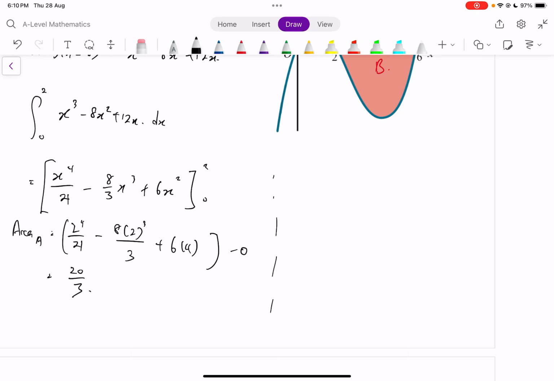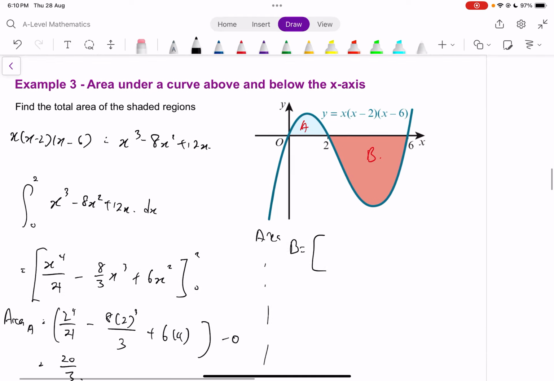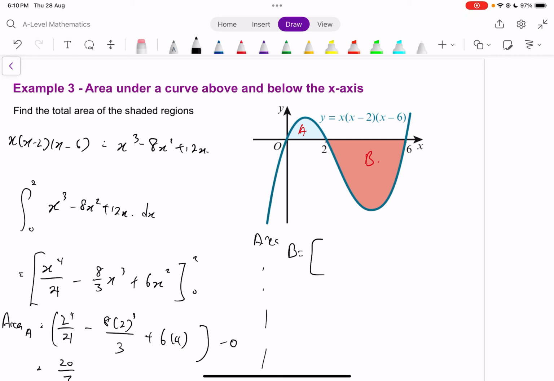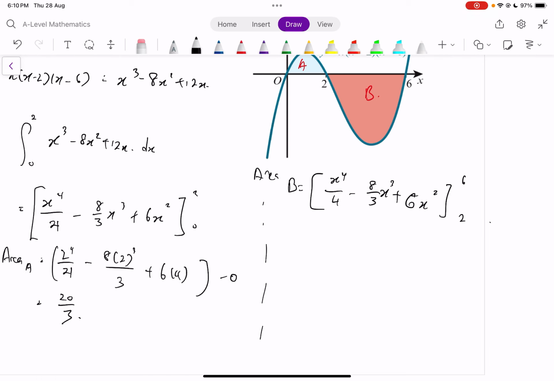Now let's try B. Area of B, 它是同样的东西，只是我们换它的 value 而已。它的 polynomial of integration 还是一样的，所以我们直接 copy and paste 左边的部分。So in this case, substitute in. 那我们最后会得到的是 128 over 3, just negative.